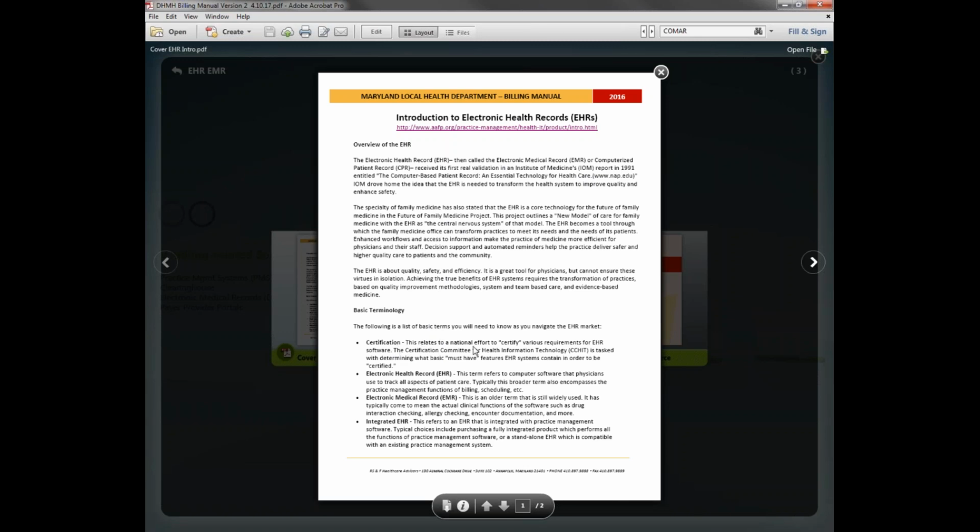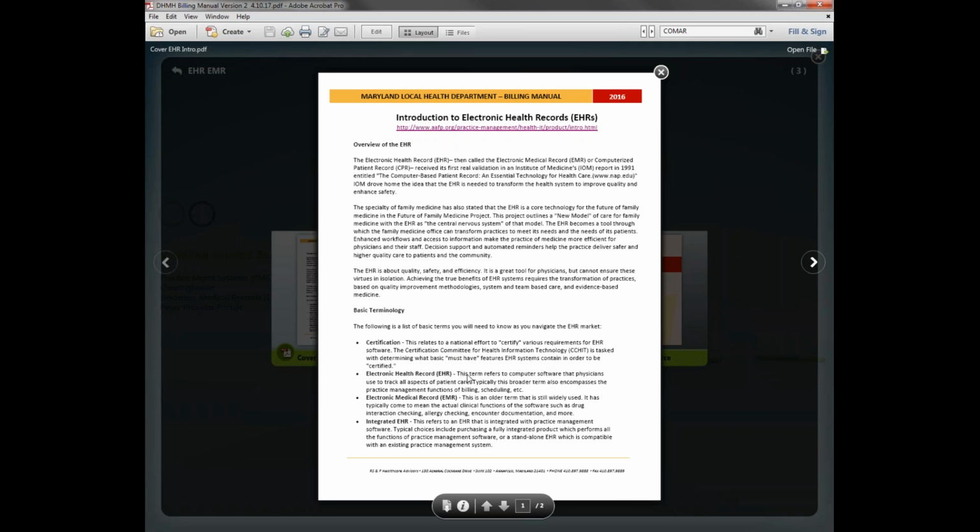This certification relates to a national effort to certify various requirements for electronic health record software. There is a committee that's tasked with determining what basic must-have features electronic health record systems contain in order to be certified. So when choosing your electronic health record, it would be important to keep in mind this certification committee and to make sure that the electronic health record system is certified by the Certification Commission for Health Information Technology.